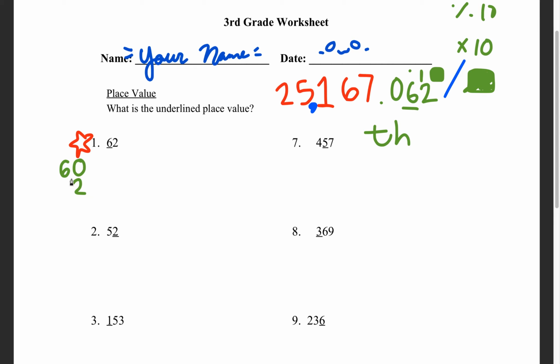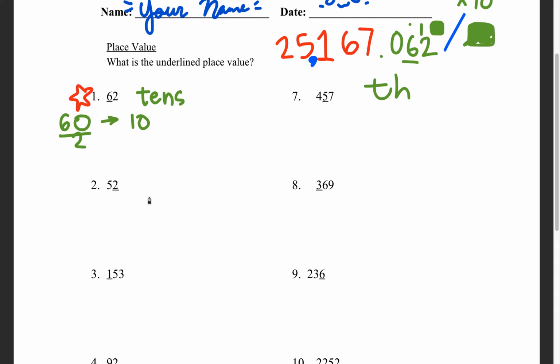But also, since there's only one 0 in 60, therefore this is going to be in the tens place, since 6 and 0, they both have 1 zero. Therefore, you call this the tens place.